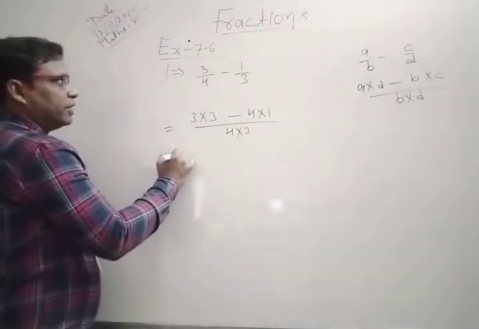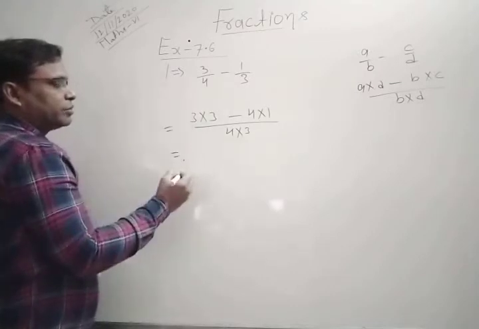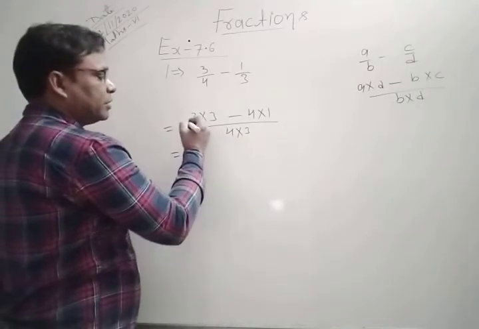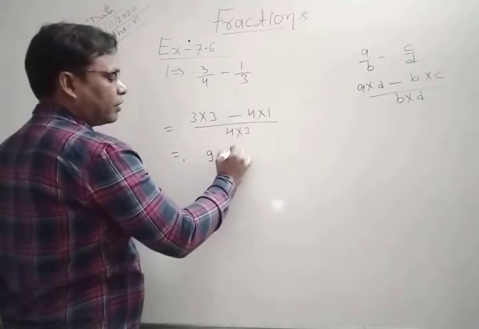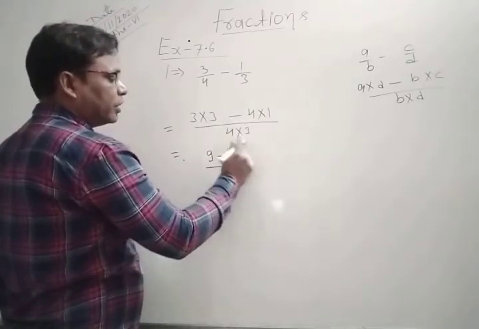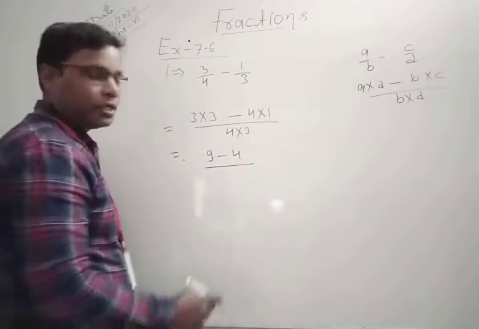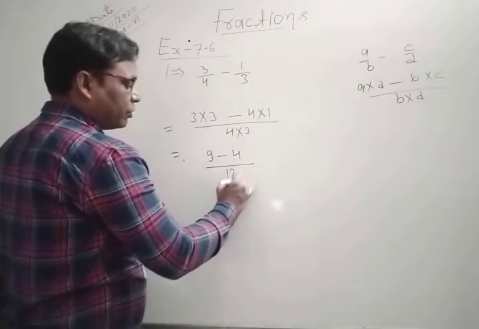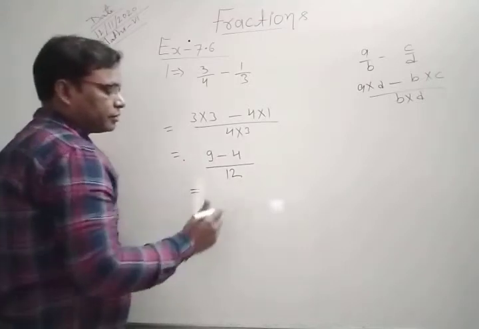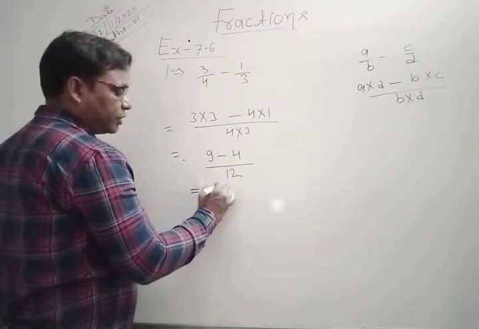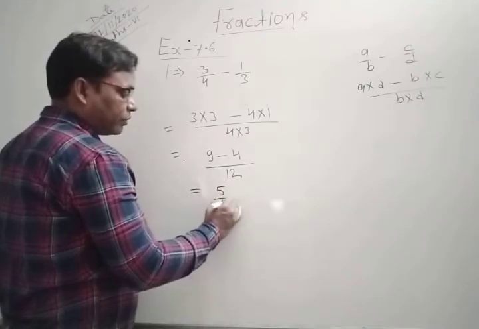And this is equal to what? This is part G of this question. 3 into 3 is 9, minus 4 into 1, which is 4, divided by 4 into 3, which is 12. So 9 minus 4 is equal to 5 by 12.